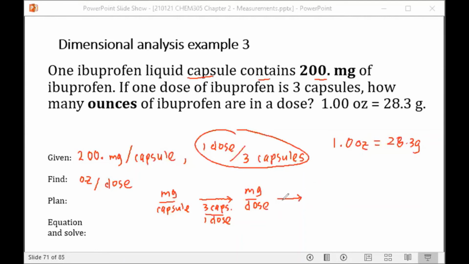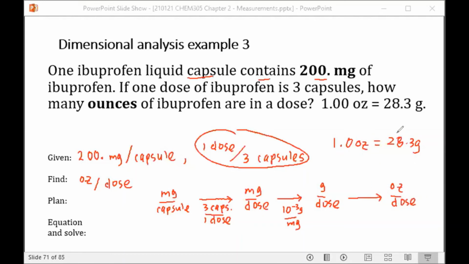So we're going to use the metric system to go from milligrams to grams. So we'll end up with grams per dose at the end of this conversion. And there's 10 to the negative 3 grams per milligram from the prefix table. And then our last conversion is we're going to go from grams to ounces. So we end up with ounces per dose, which is what the problem asked us to solve for.